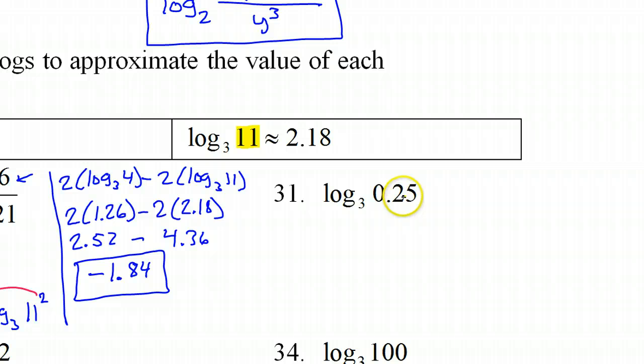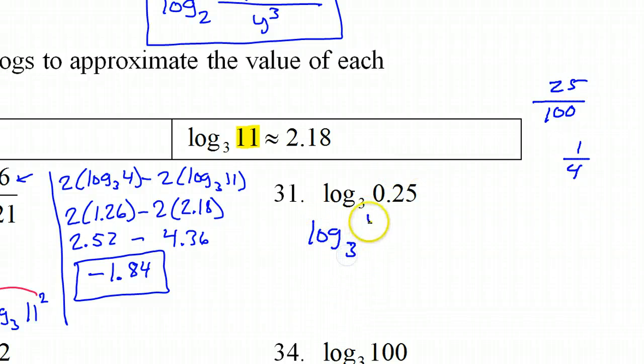Alright, 0.25. 0.25 is 1/4, because this is 25 hundredths. It's 1/4. So this would be the same thing as having log base 3 of 1/4. Well, that's the same thing as having log base 3 of 4 to the negative 1 power.